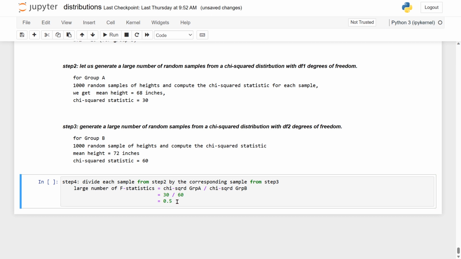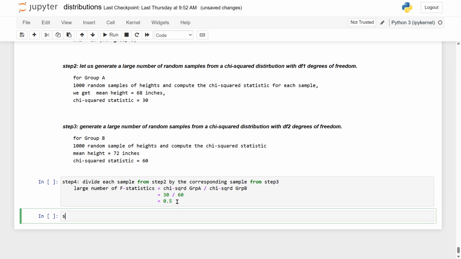So now once this is done, the next step is pretty straightforward. Step 5. We have done it for one sample. Similarly, you have to do it for every sample. After doing it for every sample, you will get an F statistic for each and every sample. So you will have 1,000 F statistics. Now we have to plot a histogram of the F statistics.